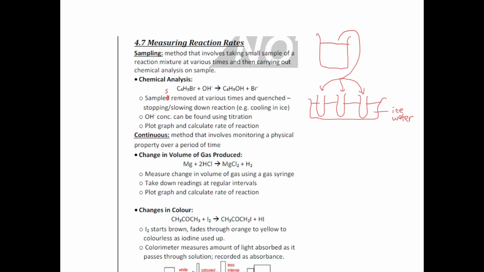Okay, I draw out the apparatus. Conical flask. This is the inverted burette.